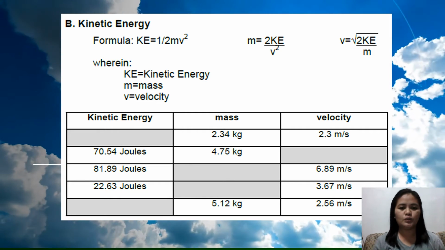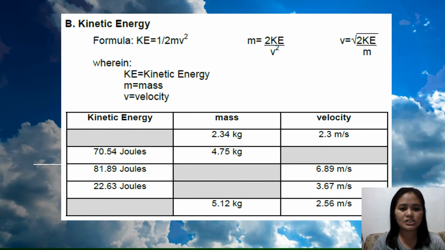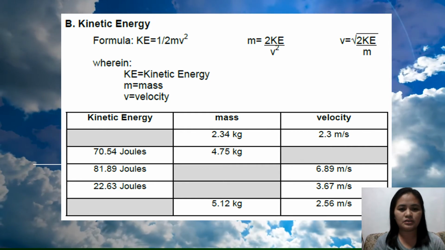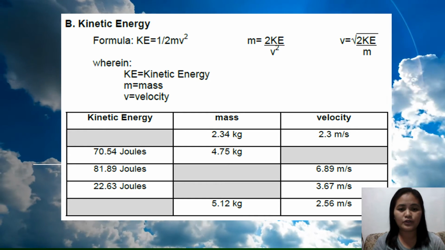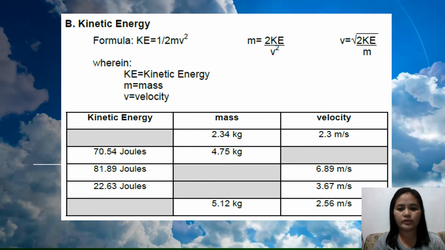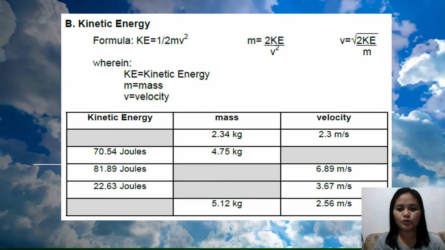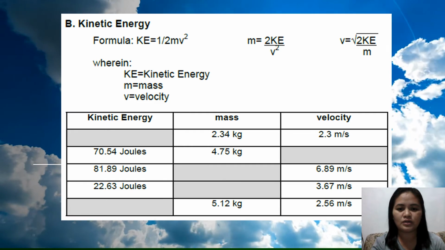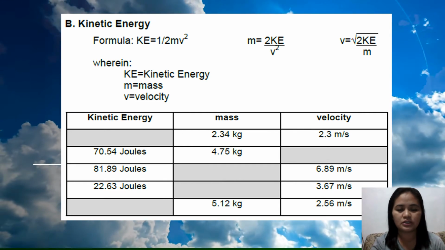Yung square root nun, yun yung velocity. Okay, first row. Anong nawawala dyan? Kinetic energy. How will you solve? Ayun o, 1/2 or 0.5 times mass times velocity squared. So, you have to square this 2.3. And then, i-multiply mo kay 2.34. Yun yung mass.